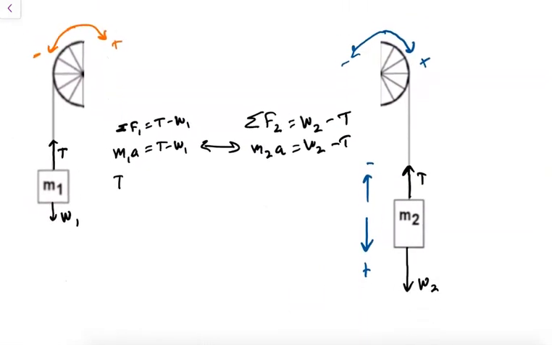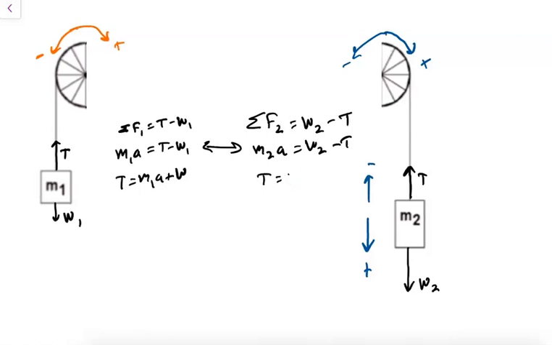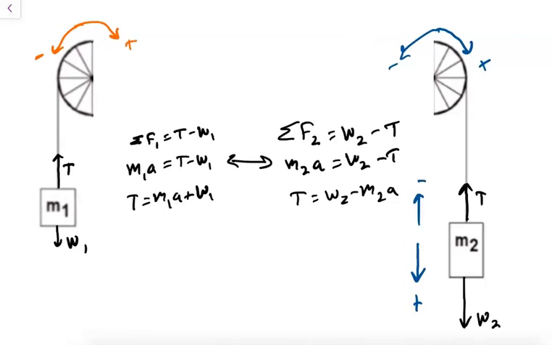I get T is equal to M1A plus W1, and in this one I get T is equal to W2 minus M2A. Now I know that the tension is equal in both, so this equation, M1A plus W1, is going to be equal to W2 minus M2A.